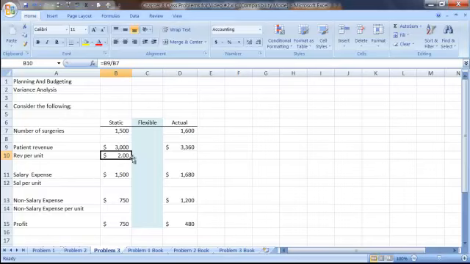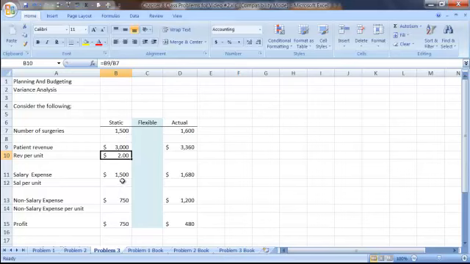We'll leave the numbers like this to make it simple so we don't get caught up in adding large numbers. So did you see that formula? All we did was take static revenue divided by the number of surgeries.